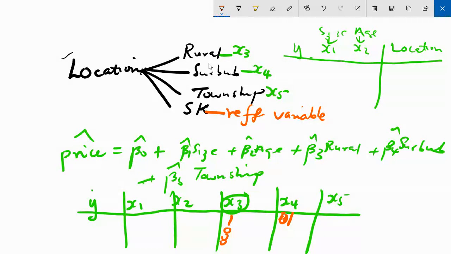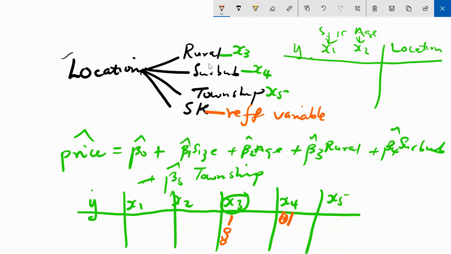If you are saying the house is in a rural area, it means the other options are what? The other options are zeros. Same applies to X5. You will put 1 wherever you see township, 0 otherwise. If the house is not from the township, when we're under column 5, you'll put a 0.